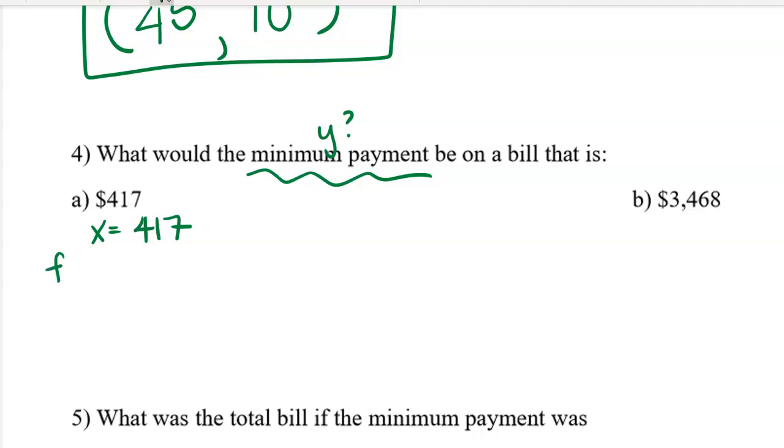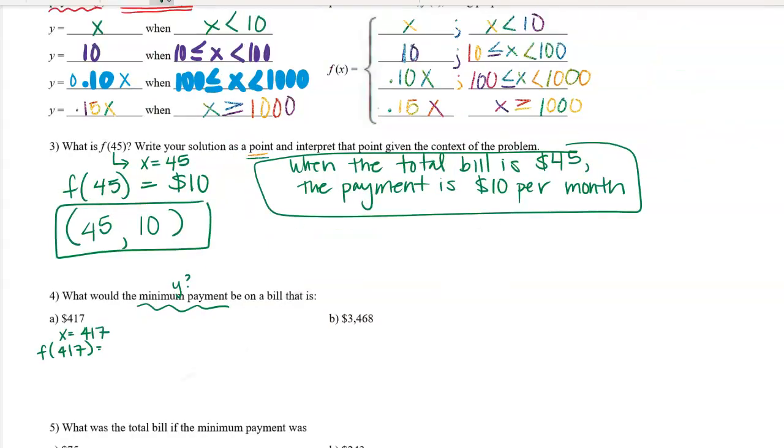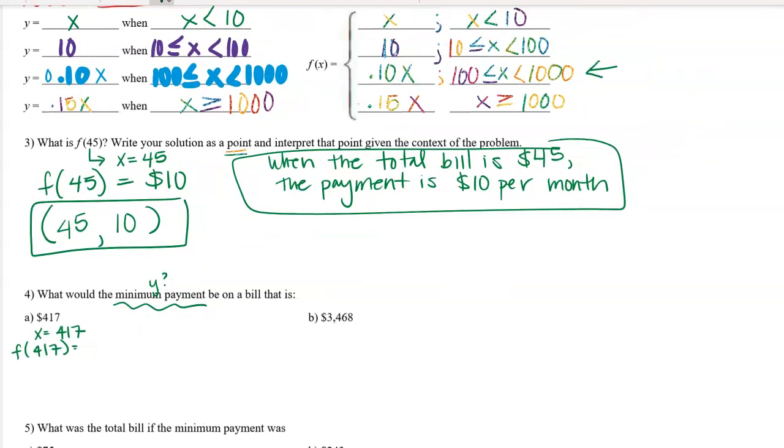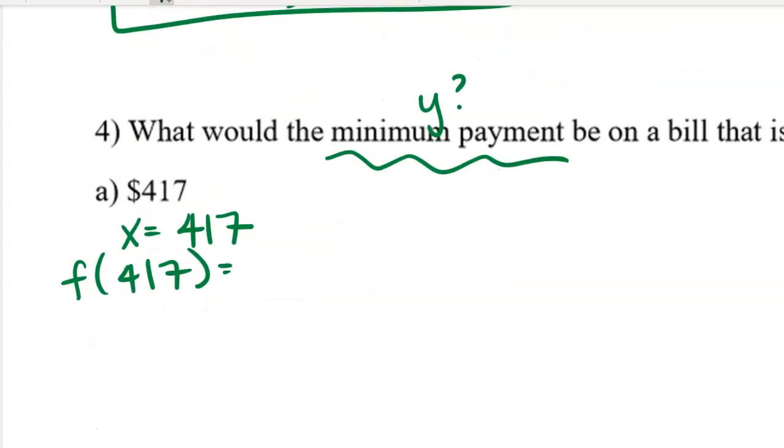So F of 417, we are using the third one, which is this right here. And that's 10% of X. So 0.10 of 417. This should be not too bad of a number.